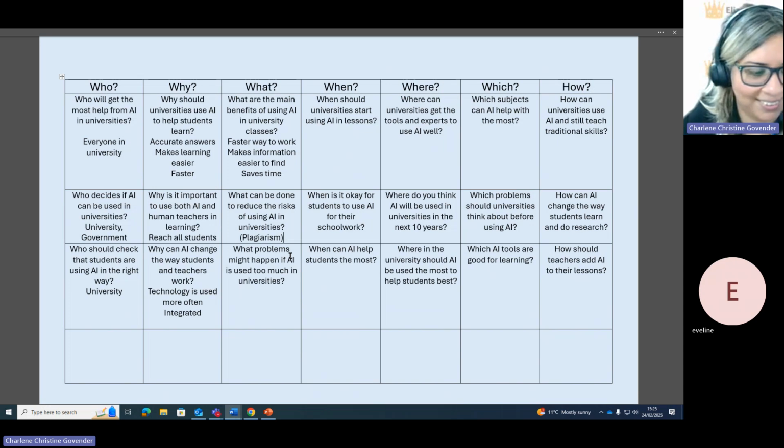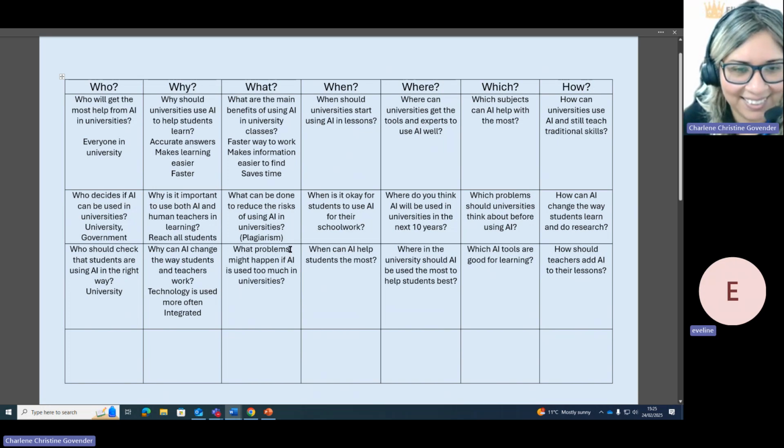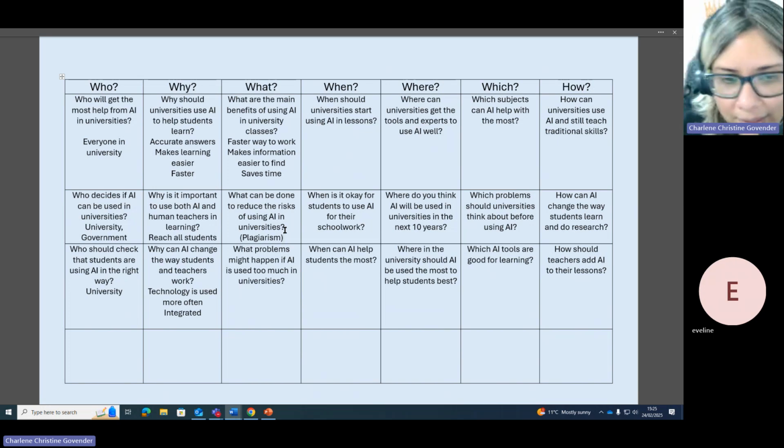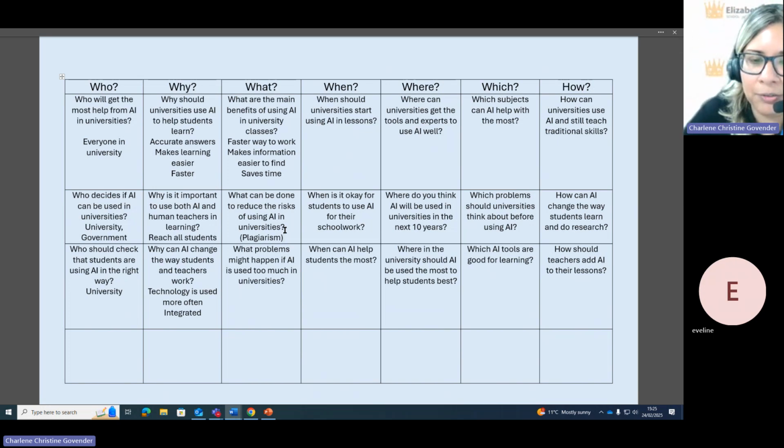It's a big ask. Think about your assignments. When you submit them, who's going to be reading your assignment? The examiners.